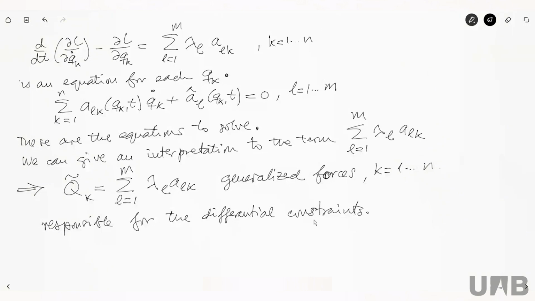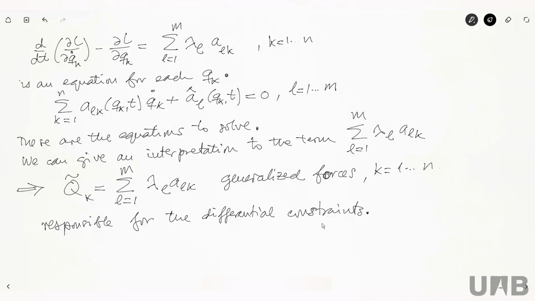This can sometimes be advantageous, because most of the time we do not care about the forces responsible for the constraints. Remember, let's go back to the very beginning of the course. We said that, given the constraints, we need to know all the forces responsible for them in order to solve the equations as Newton would.